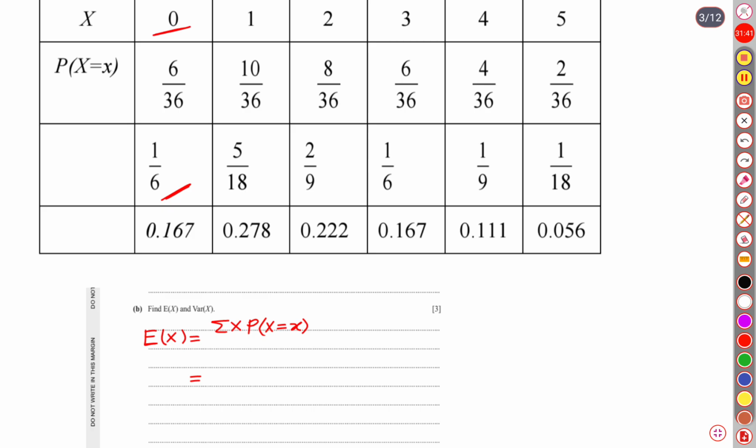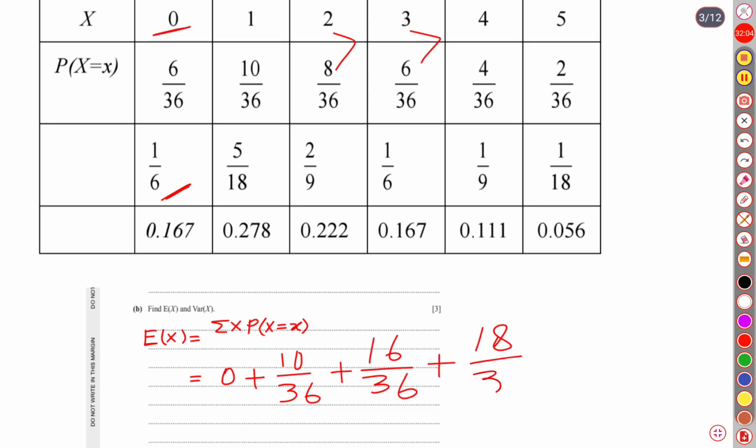The first one is 0. The second one is 1 into 10, so 10 over 36. Then 2 into 8, so 16 over 36. Plus 3 into 6, 18 over 36. Plus 4 fours are 16, 16 over 36, plus 10 over 36.